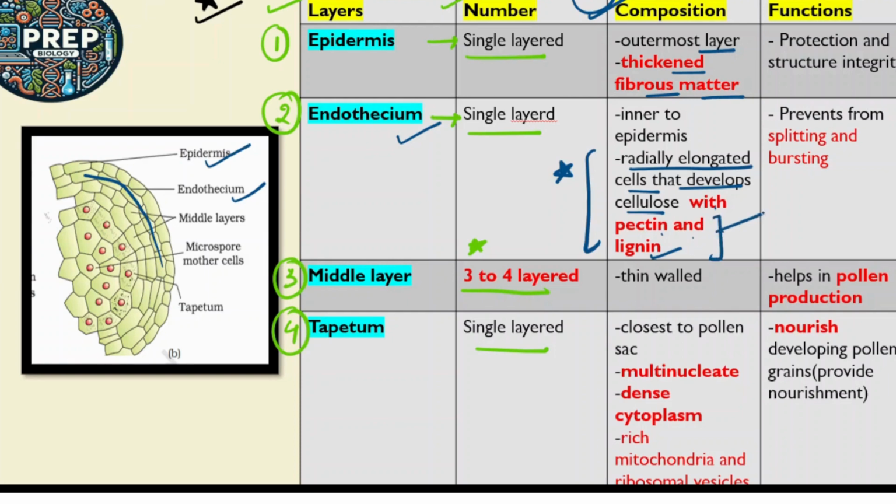Pectin and lignin are also polymers, and they are the main constituents of the cell walls of many plants.